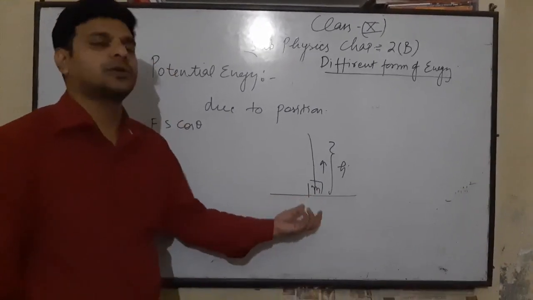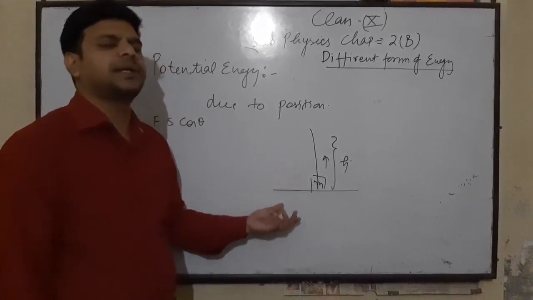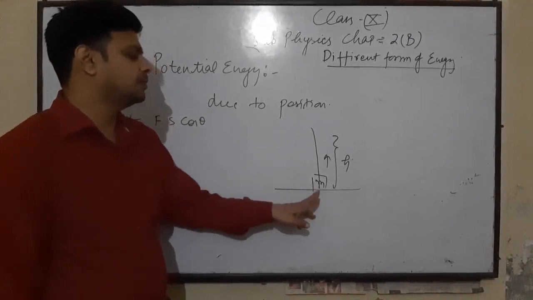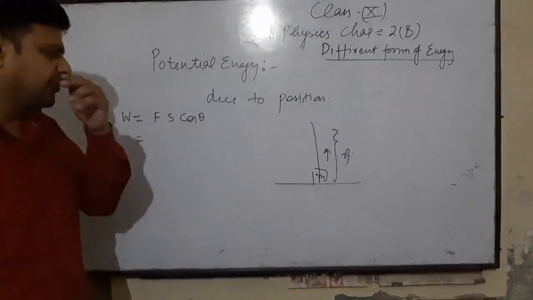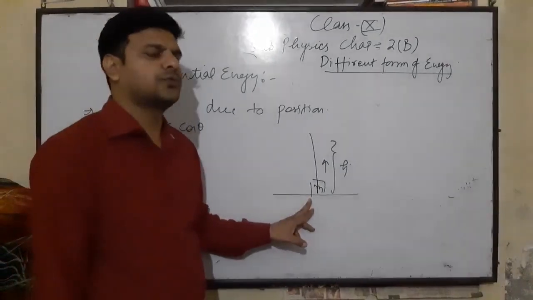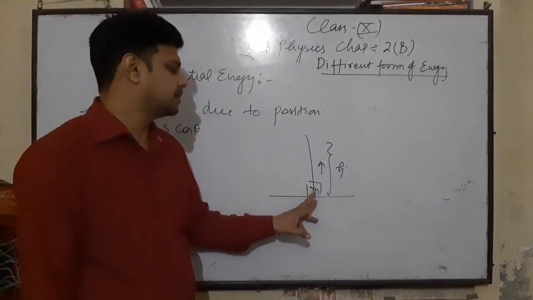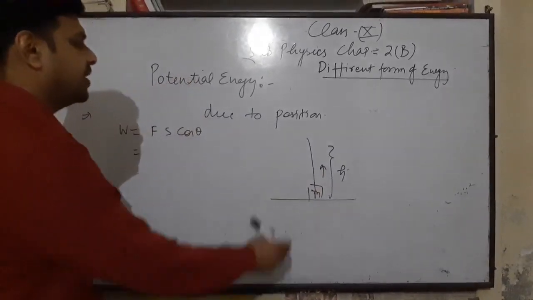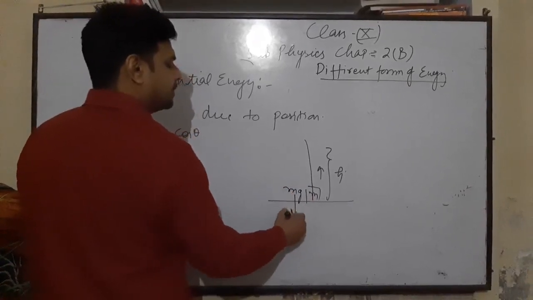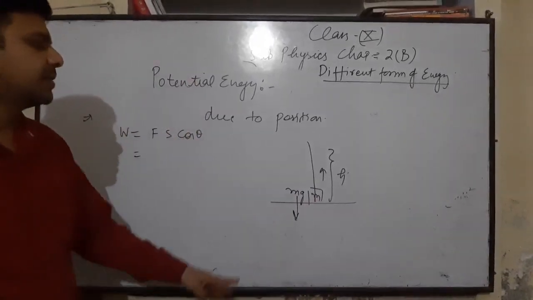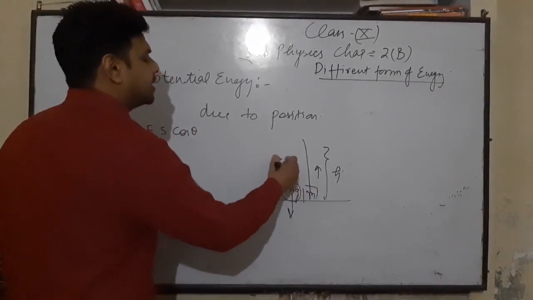To lift this object, we have to apply approximately a force equal to the weight of this object in upward direction. What is the weight of the object? Weight of the object is mg, which is acting in downward direction. So if we want to lift this object, we have to apply a force equal to mg in upward direction.